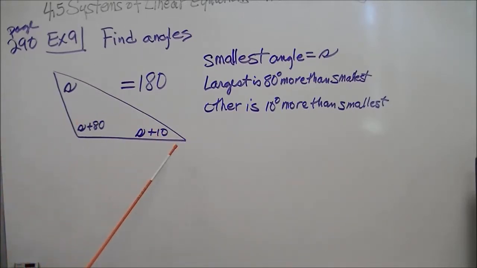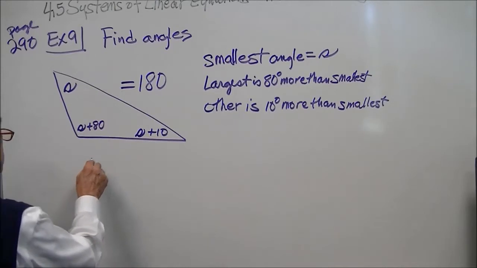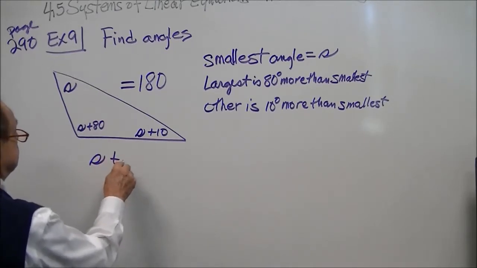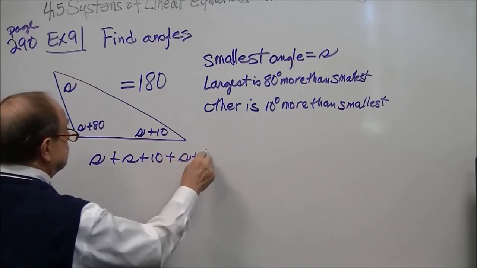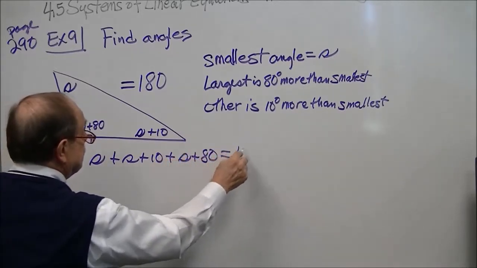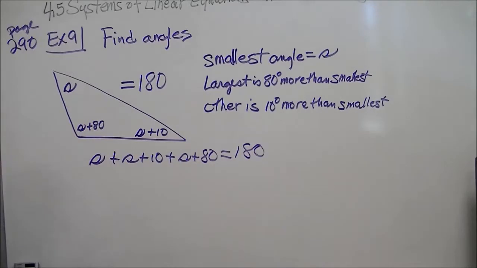Now that I look at it, maybe this is the smallest, but that's okay. Now, what do? Well, you just sum all of your angles. And let me mention, the textbook does it a little different way, but this is a good way too.